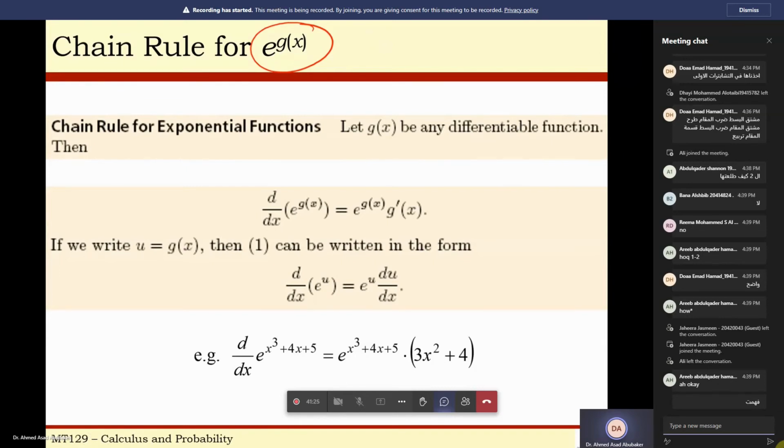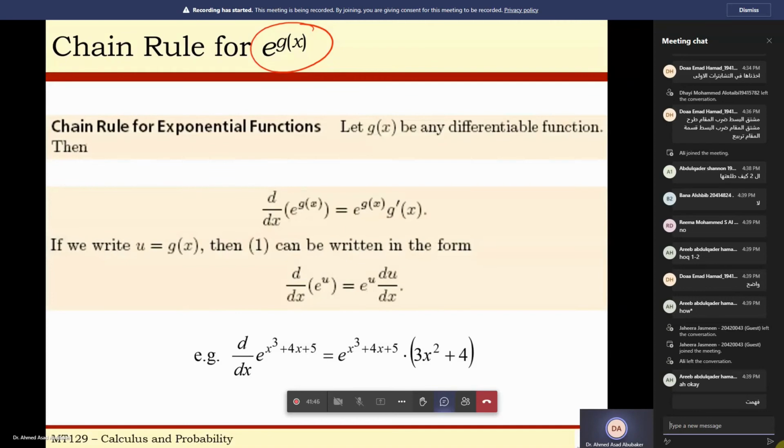The last rules were e to the power x only, the power x with coefficient 1, without x multiplied by any number or x inside the radical, or x square in the exponent, or radical x, or 2x for example.